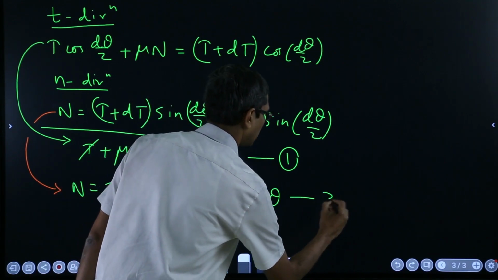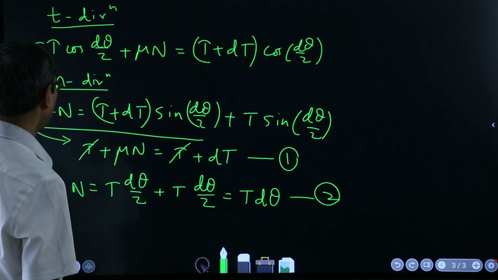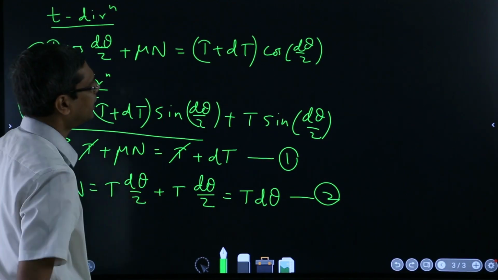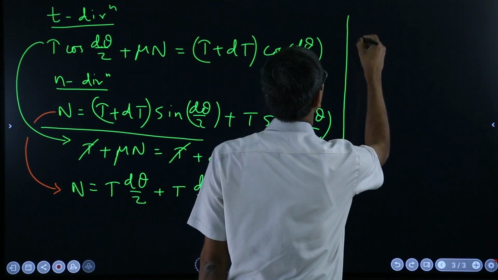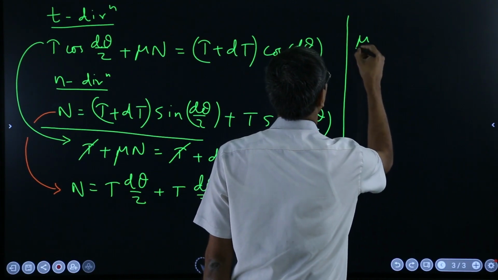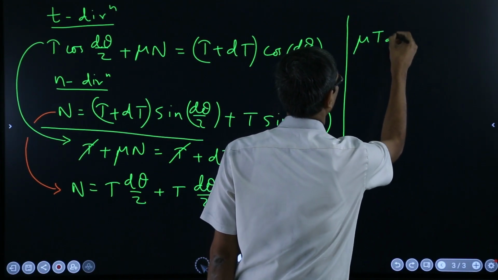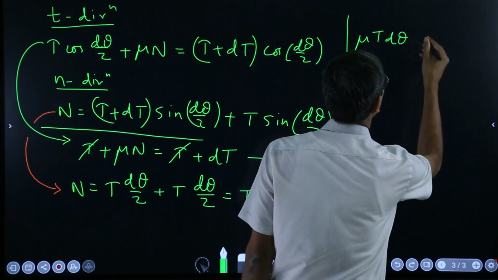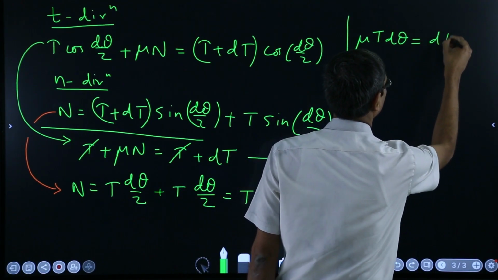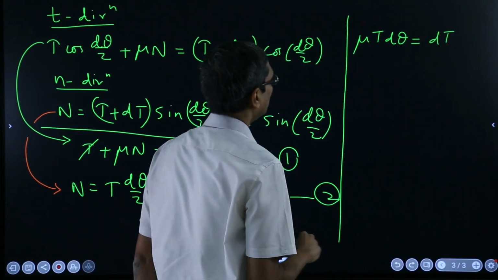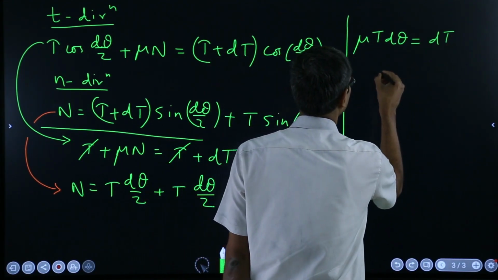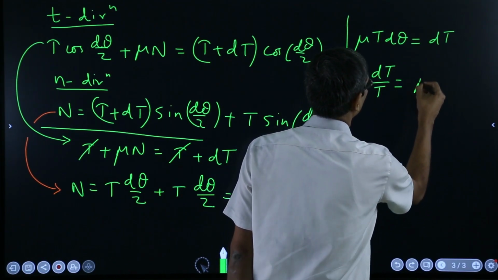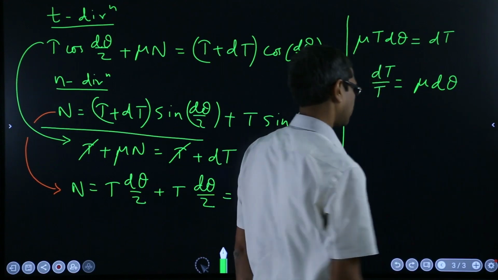So this is our second equation. So what we can do, we can put this here: mu times T d theta is dT. Now that means I can write this as dT over T is equal to mu d theta.